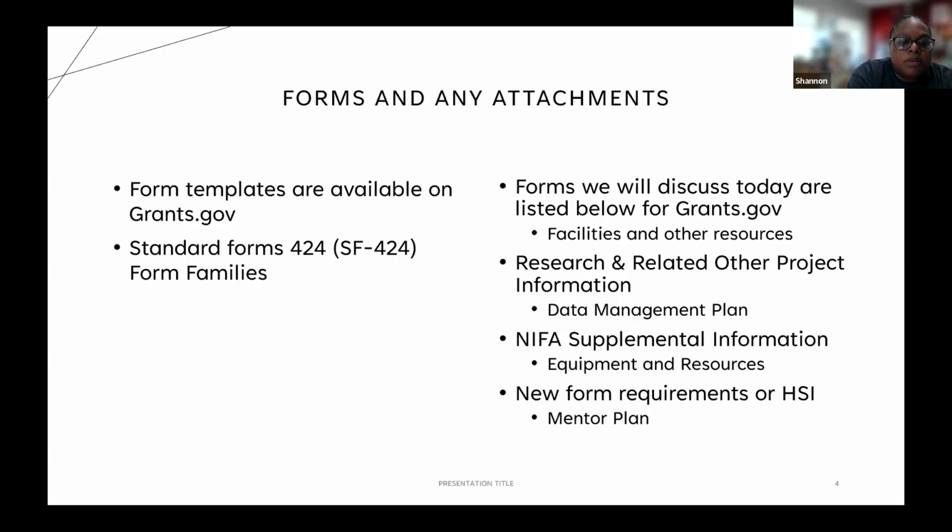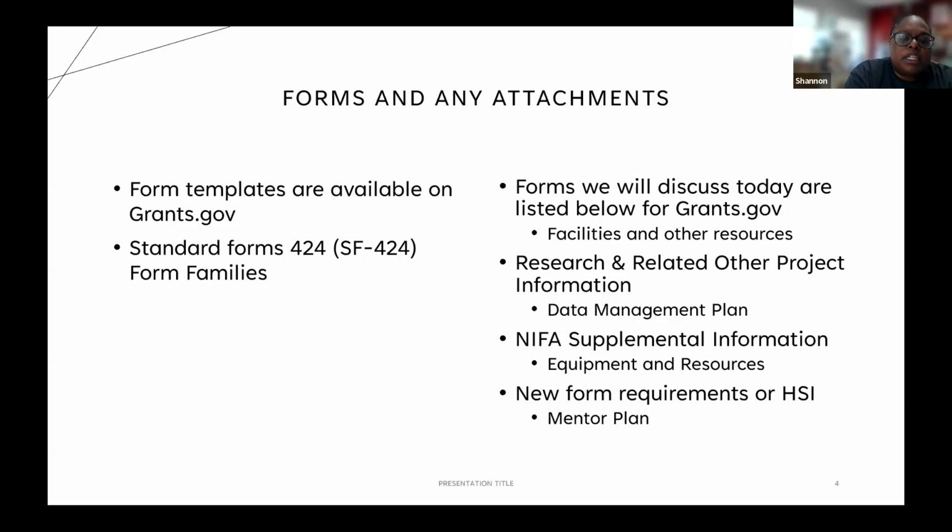There are some forms that are standard forms. So standard forms 424, SF 424 families, represent the government-wide data set for the grant application in partnership with the federal government, the making agency, and the applicant community.